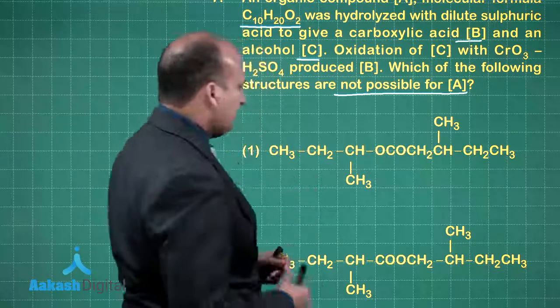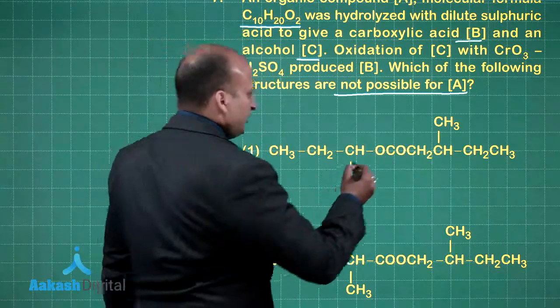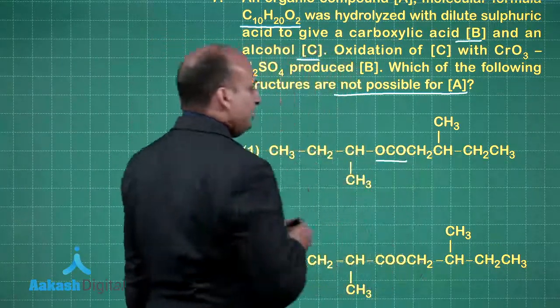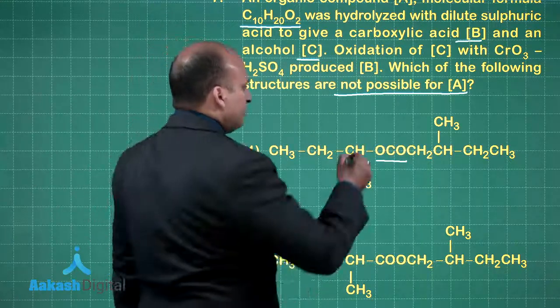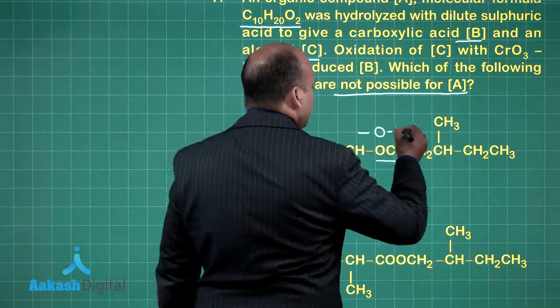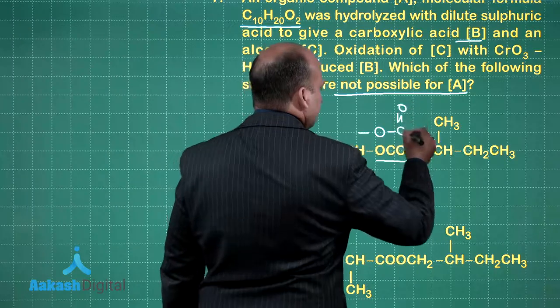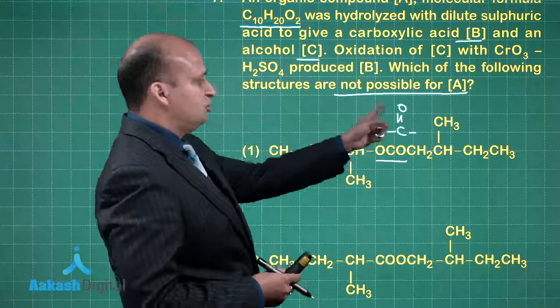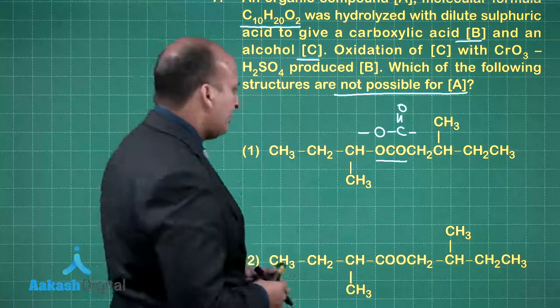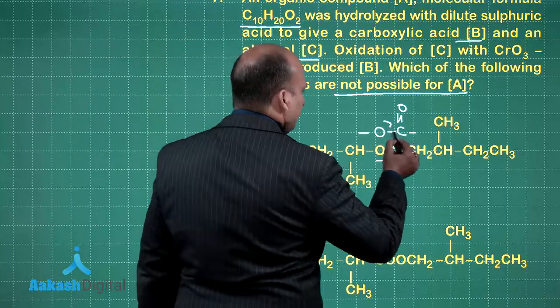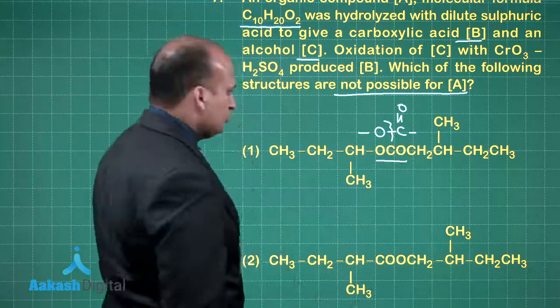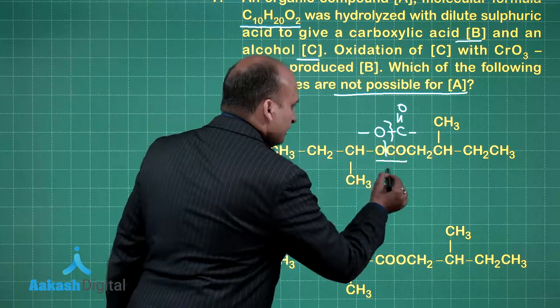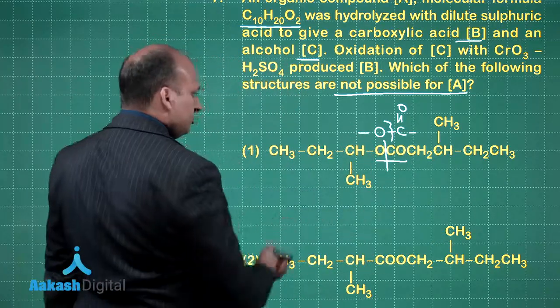So in the first case, see here you are getting the ester part. For your easy understanding, I am just writing it like this. Okay, so this OCO should be written like this. As I told you guys, you can simply cleave the molecule from here. So you are cleaving the molecule from here. So I am writing down the product over here.